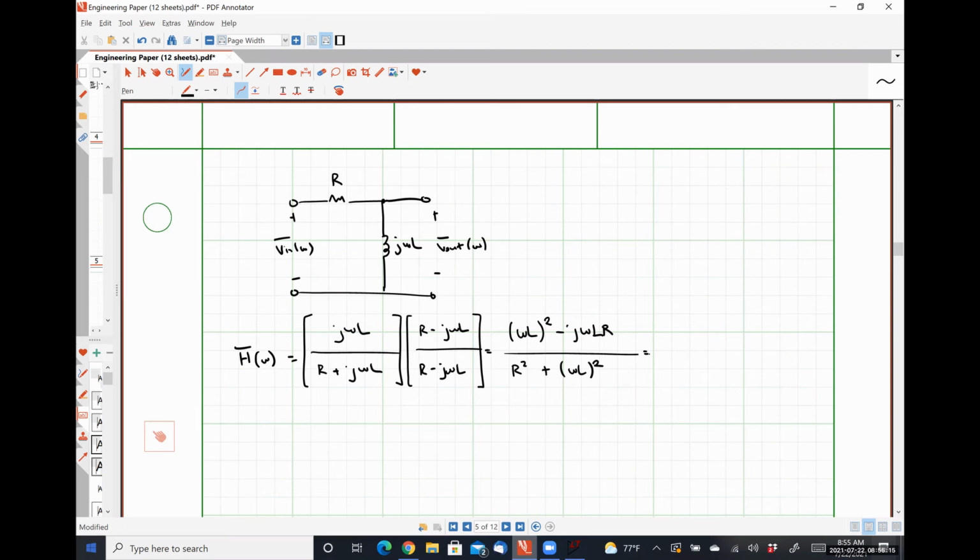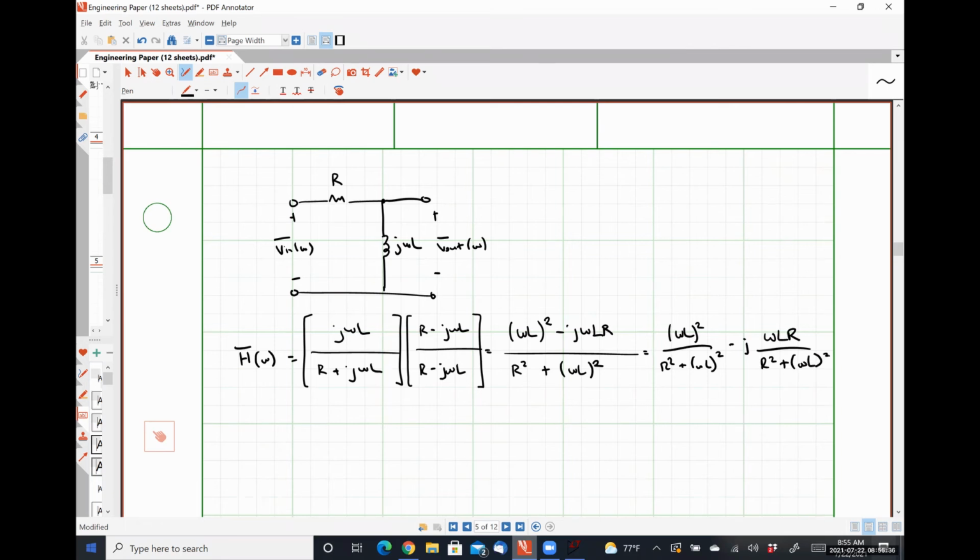And breaking this guy down, I'm going to have (omega L) squared over R squared plus (omega L) squared, minus j omega L R over R squared plus (omega L) quantity squared.